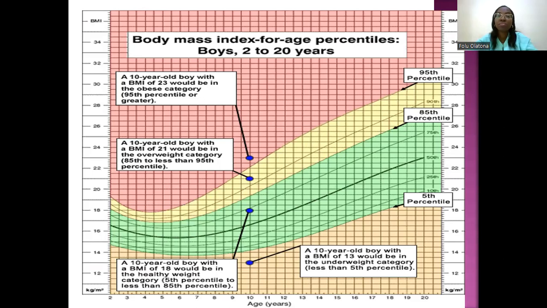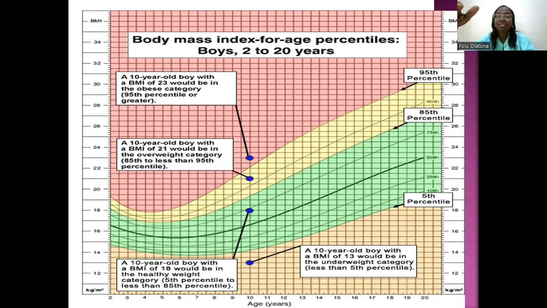You're going to use a software called WHO Anthropometric. So you measure the height and weight, then you enter the figures into that software and it gives you the nutritional status.